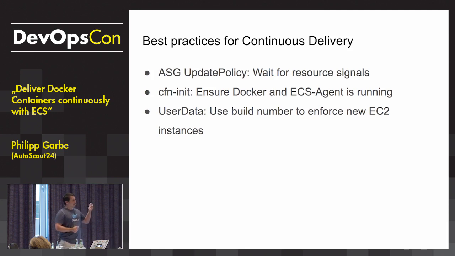And if you do that in that way, the user data always stays the same, and that's a problem, because if the user data does not change, the autoscaling group doesn't see any changes and says, okay, I don't have to replace the running EC2 machines. So we have to force the autoscaling group to replace these machines. One trick is to just put the build number in that script in your CloudFormation, and then the user data gets changed every time you have a new build, and that automatically triggers all the machines to be replaced.